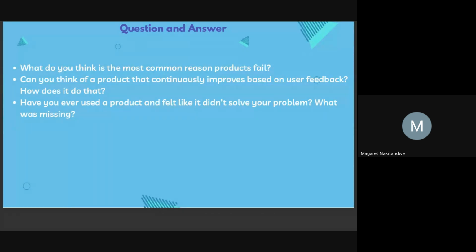Yes, I have used a product and I felt like it didn't solve my problem. It solved half of it. Before I installed it, of course, I read that it solves this and this and this. But when I downloaded it and started using it, I felt like it didn't satisfy what I really needed. It was just half of it.